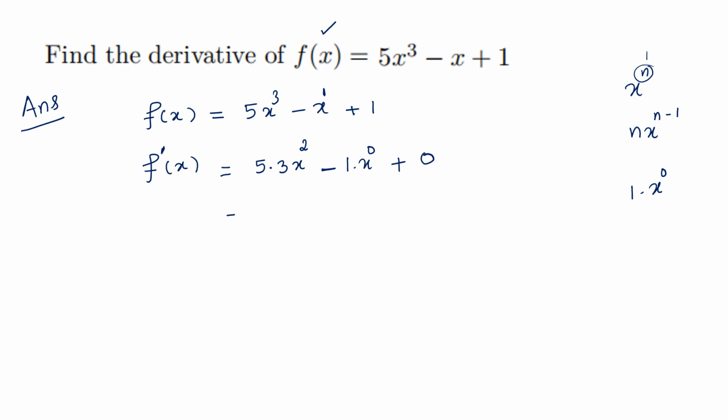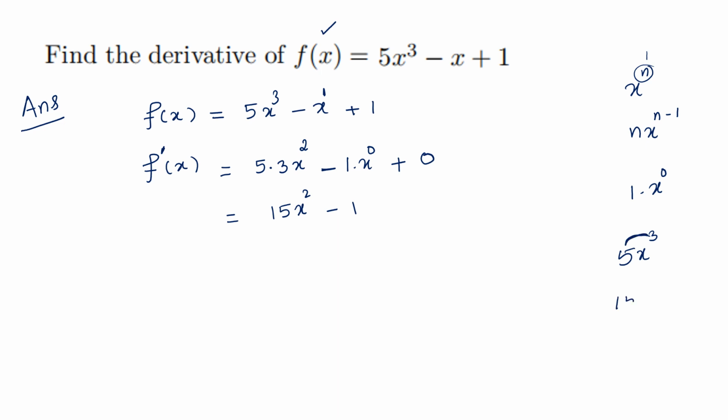Now we can calculate this. 5 times 3 is 15 x square minus 1, x power 0 is 1. So 1 plus 0, no need to write. So remember this hereafter. This 5x cube derivative, easily we can write this 5 and this 3 and 5 we can multiply.